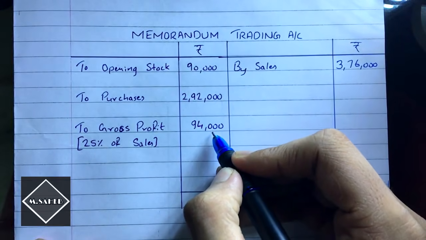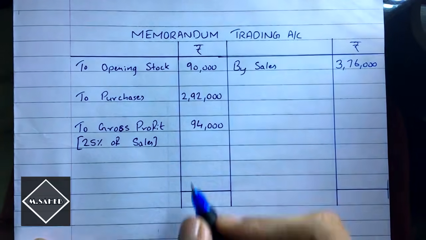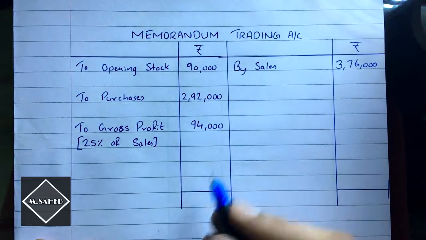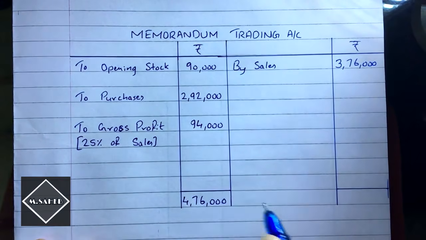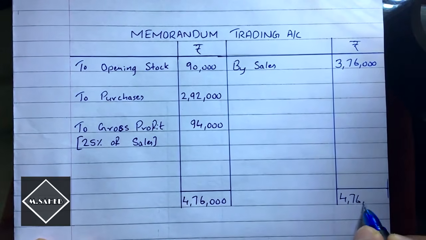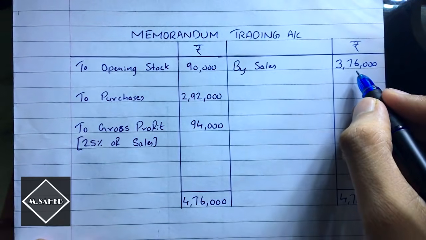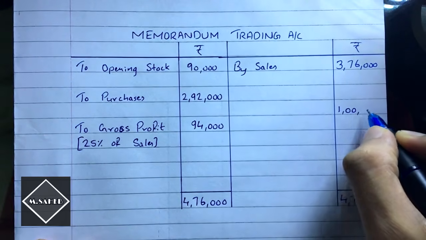Then the debit side is bigger than the credit side, so 90,000 plus 2,92,000 plus 94,000 is equal to 4,76,000. We'll write that on both sides, and we'll subtract 3,76,000 from this, which is equal to 1 lakh.